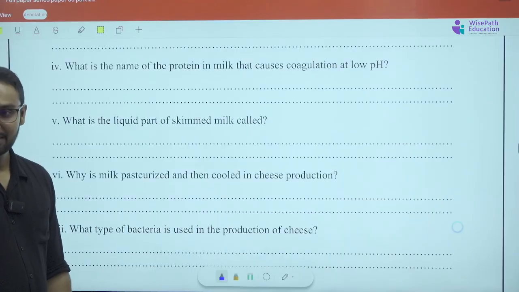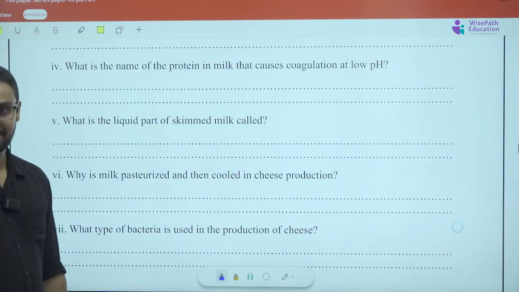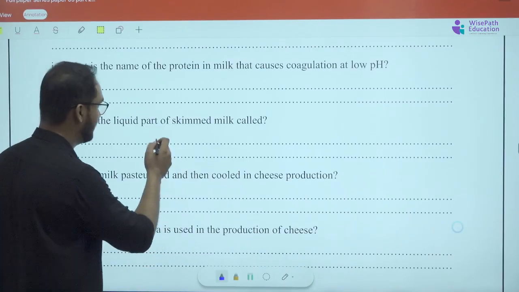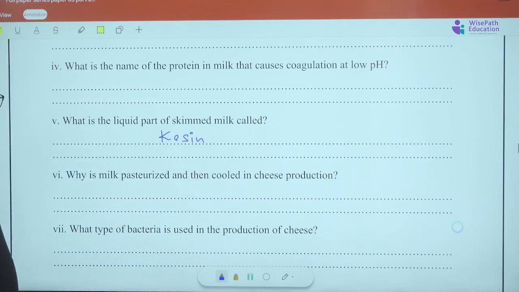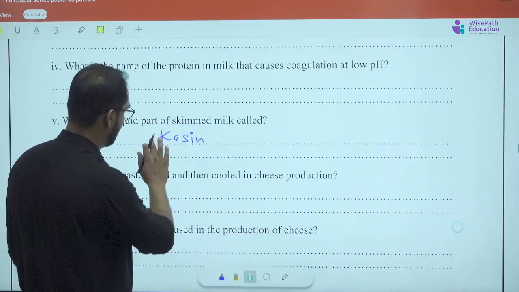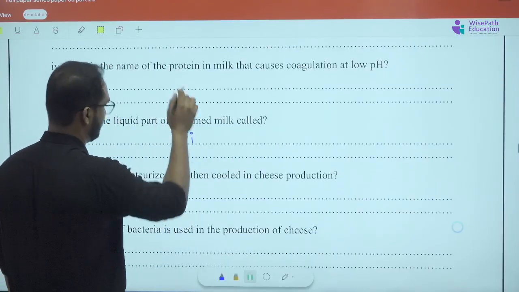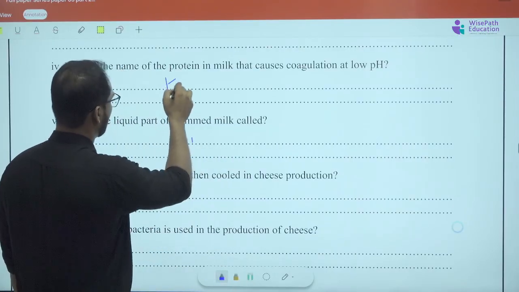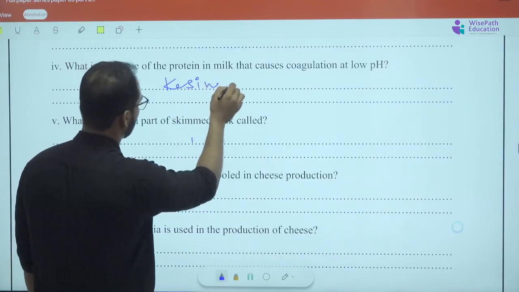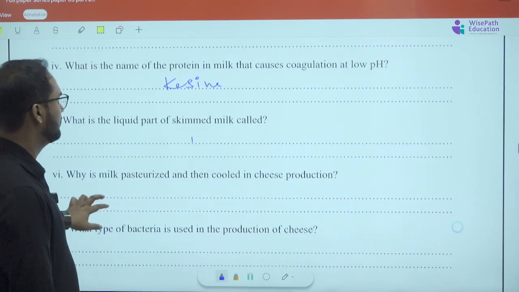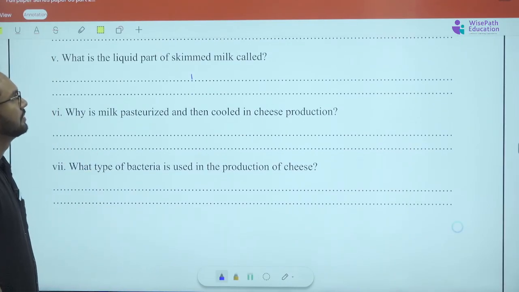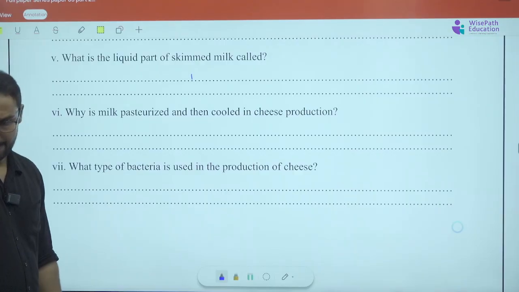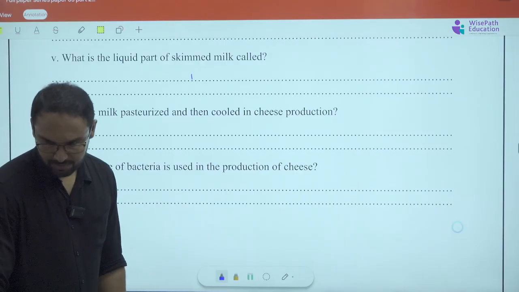The liquid casein becomes solid casein, that is what sets the milk, right? That's casein. What is the liquid part of skimmed milk called?